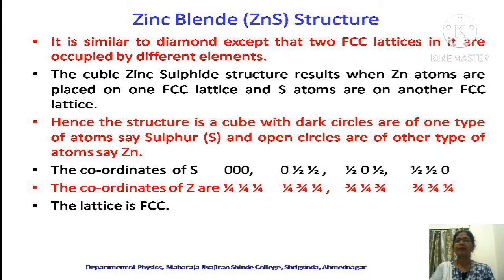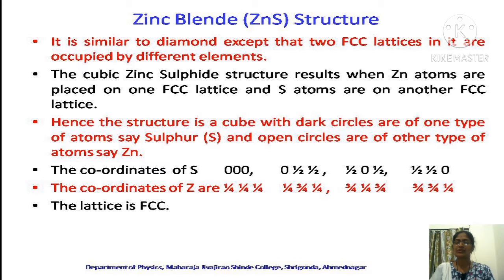The cubic zinc sulfide structure results when zinc atoms are placed on one FCC lattice and sulfur atoms are on the other FCC lattice. So its structure is face-centered cubic lattice, and it is considered as made up of two FCC lattices. On one FCC lattice there is the location of zinc atoms and the other FCC lattice consists of the sulfur atoms.